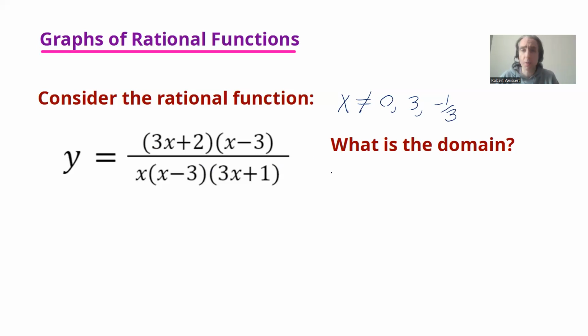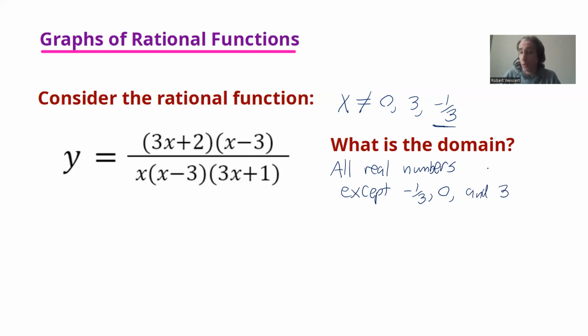So just in words, you would say all real numbers except, and I would list them from smallest to largest. So, negative 1/3 is my smallest, followed by 0, and finally 3. That's my domain. We want to write this in interval notation.